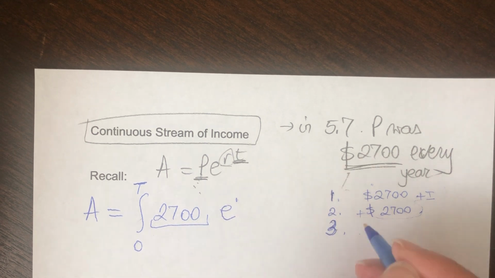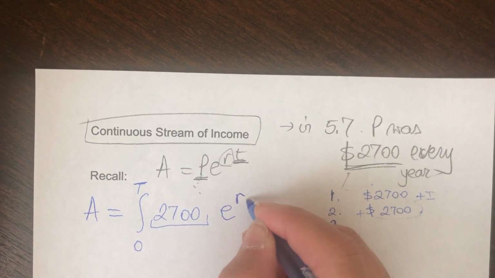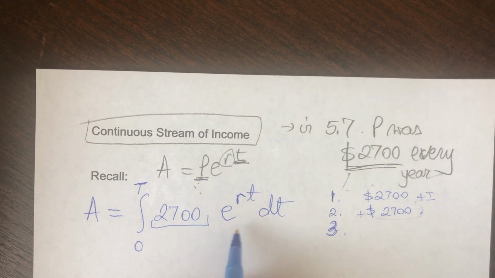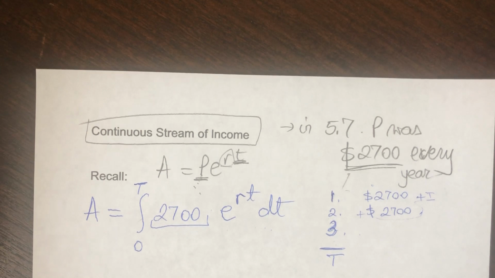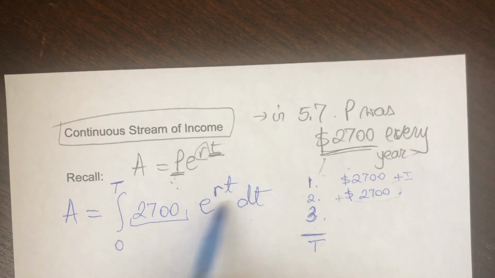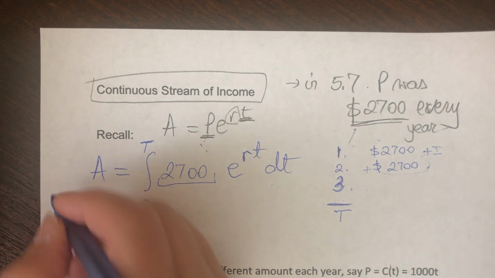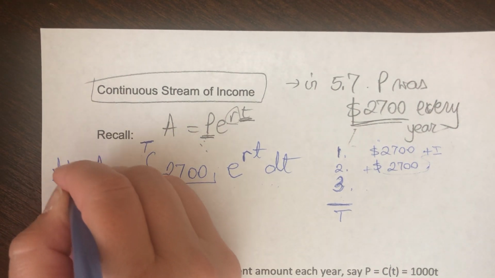E to the whatever rate you had, T, dt. I'm not writing the same T here because that's a variable T. It changes from 1 to 2 to 3 to 4 to whatever we made that stop to be, right? Your T. So that should be fixed. This is changing, right? Every year we're putting in more and more and more. So this is what we call the future value, right?